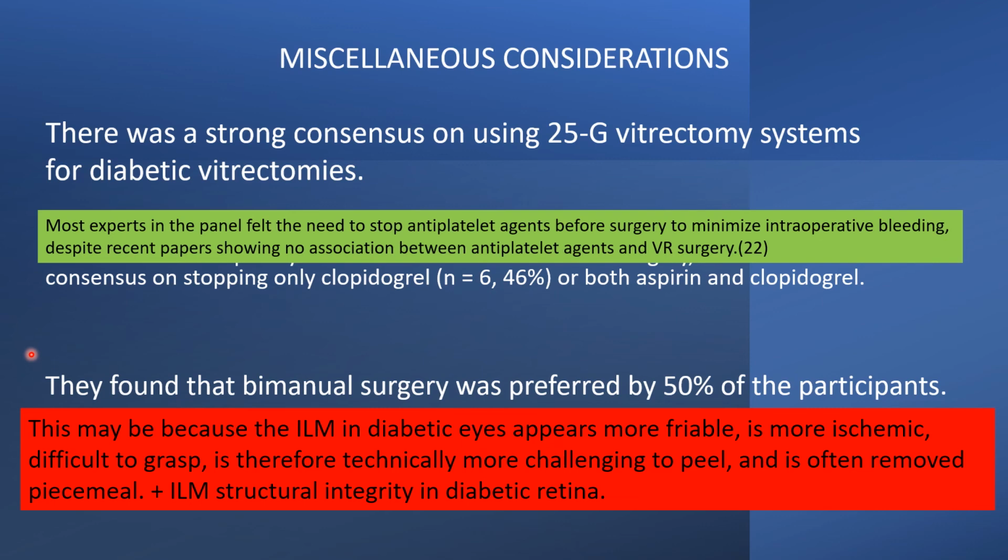In this case, translational research explains why the surgeons decided not to peel the ILM in every case. So this is an example of how basic science translates into surgical management.